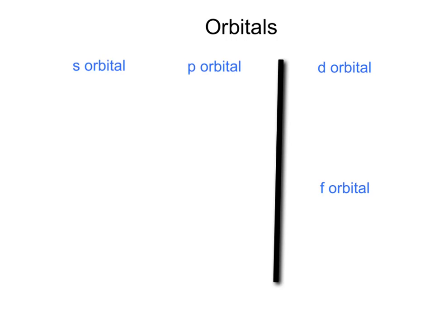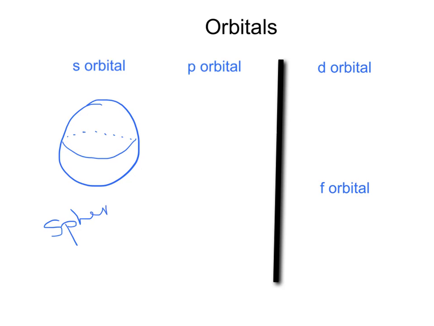So let's see. As far as drawing these things go, the s orbital is pretty straightforward. It is a sphere. And remember, these pictures aren't actual things.